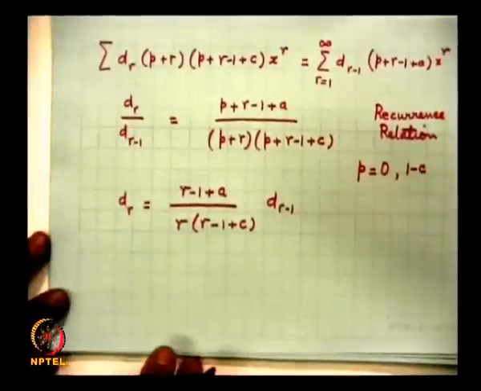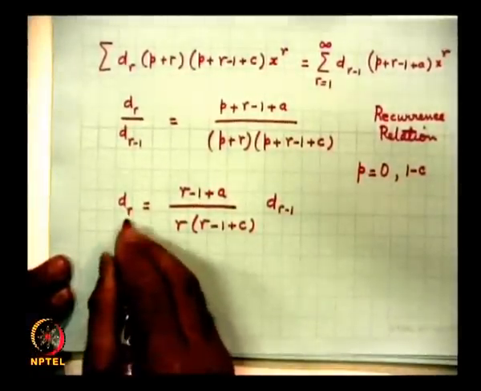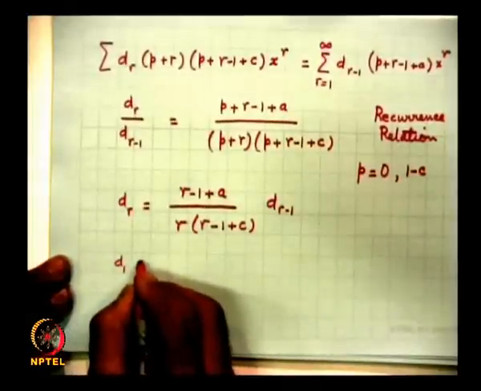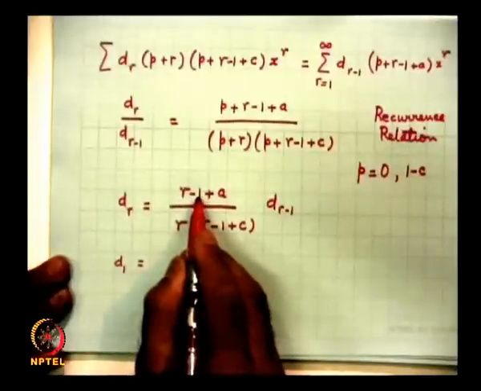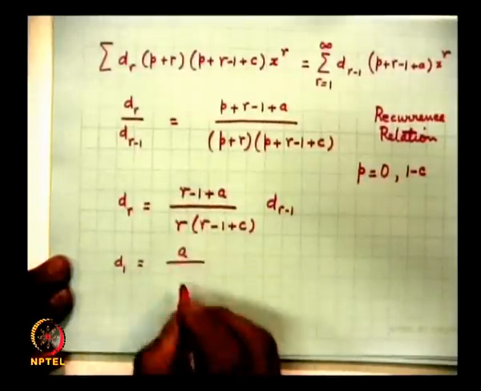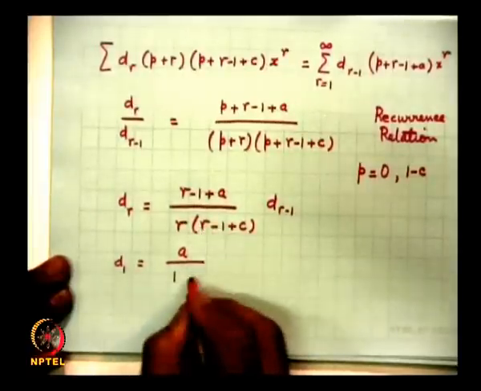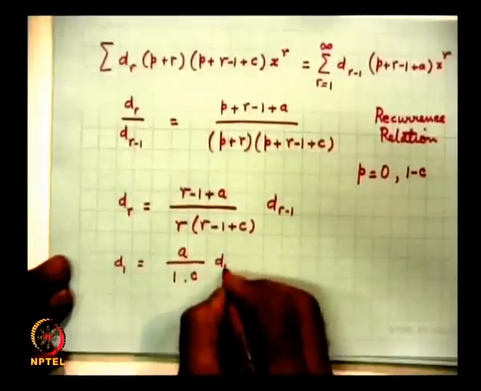So, you will have, please see this, when you put r equal to 1, you will have d1, r equal to 1. So, 1 minus 1 is 0 plus a, and r is 1, so 1 times (0 plus c). So, this is a divided by c into d0.